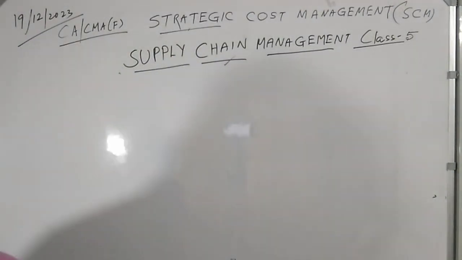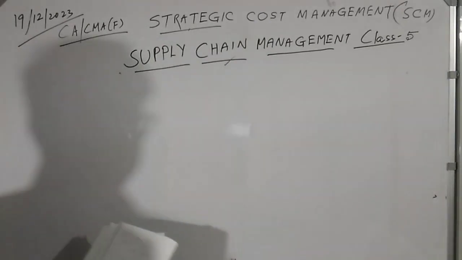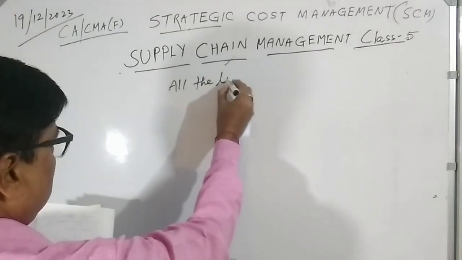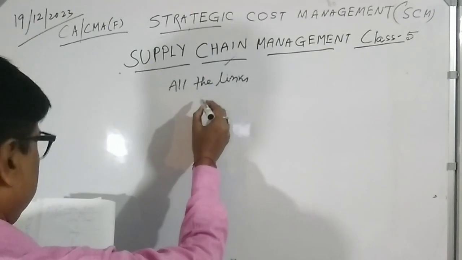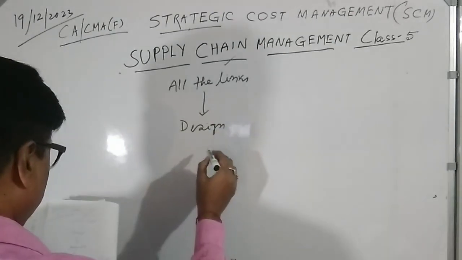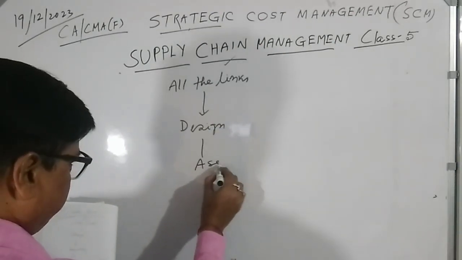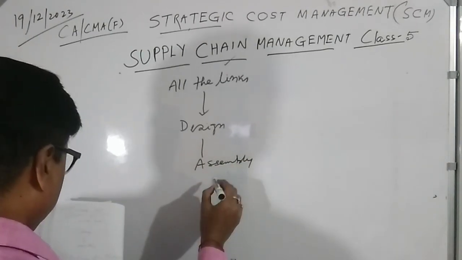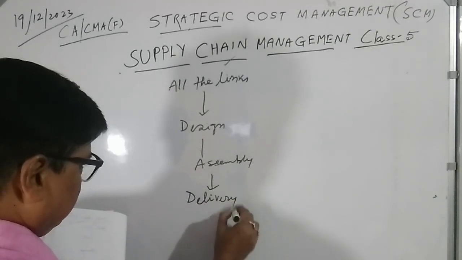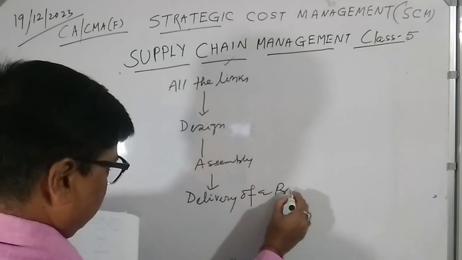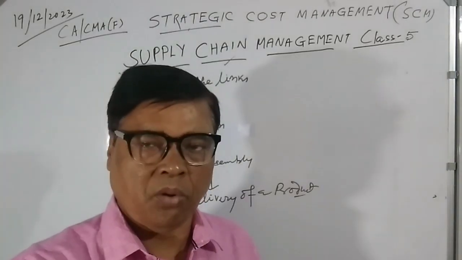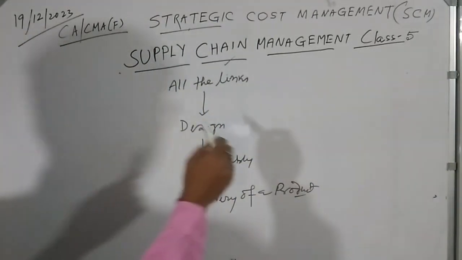Under supply chain management, you have to identify all the links, then you have to design, then assemble, then deliver the product. Like any general management or other specific management, here also you have to follow some strategy.